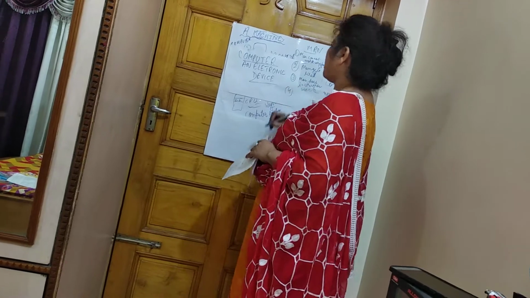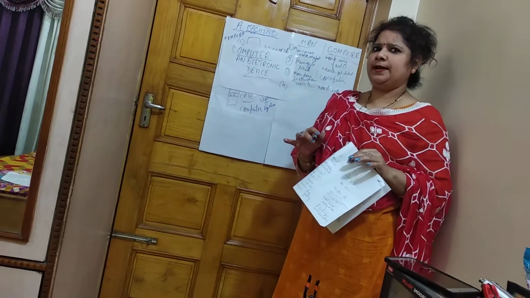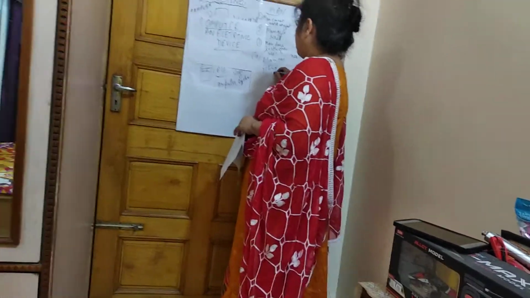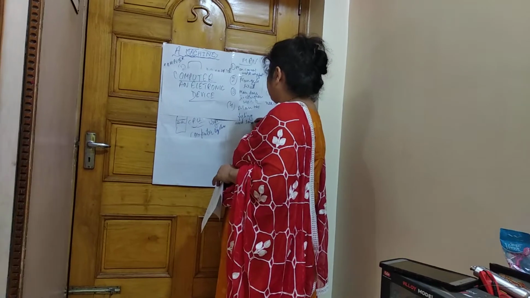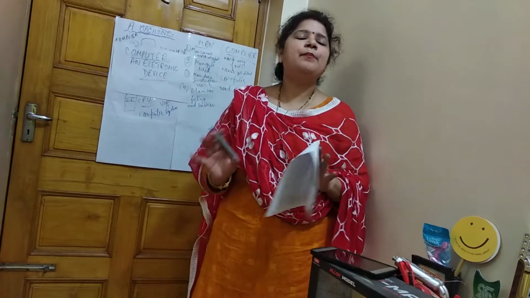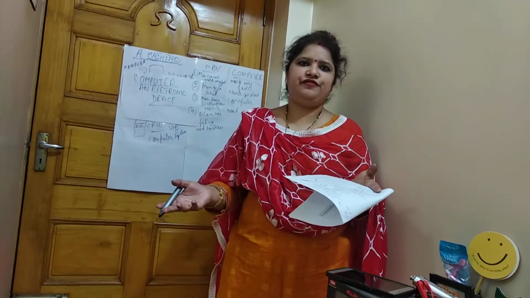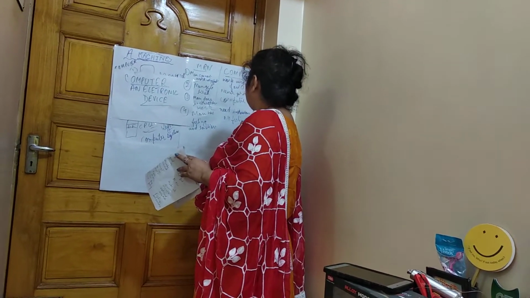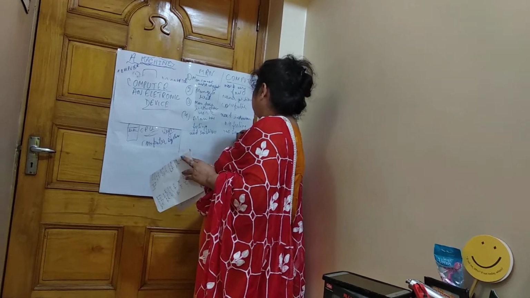The fourth difference between man and computer is very important. Man has feelings and emotions, whereas computer does not have this kind of feelings and emotions. No feeling, no emotion.